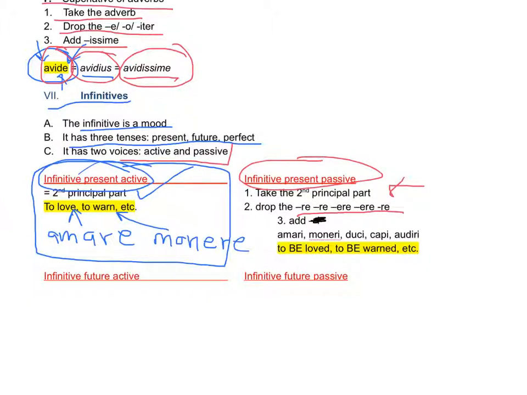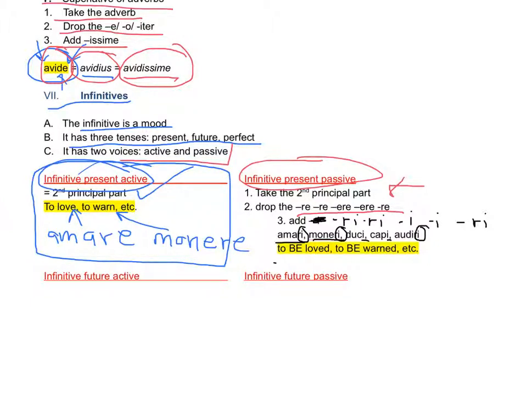After you drop the -re, you add -ri, or -ri, then you add just simply -i, and then for the last one you add -ri again. So look, it's amari, you add -ri, then moneri, you add -ri, then you just add -i to duci, -i to capi, and then you add -ri again to audiri.